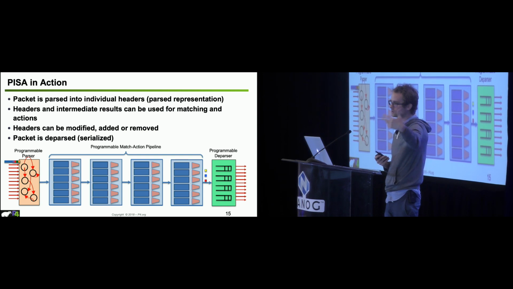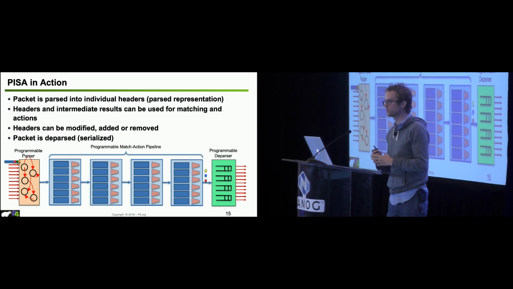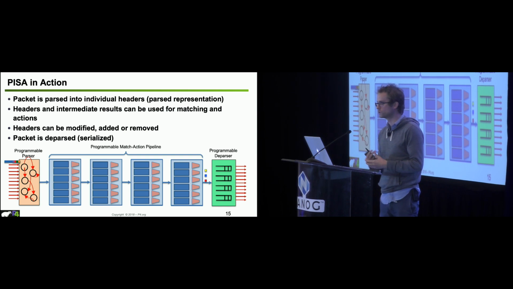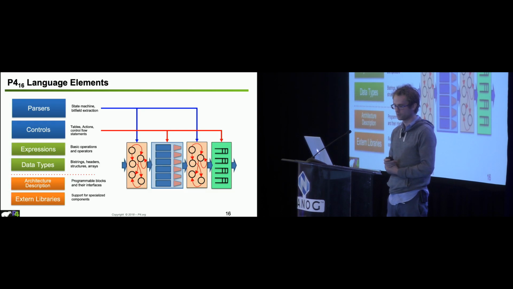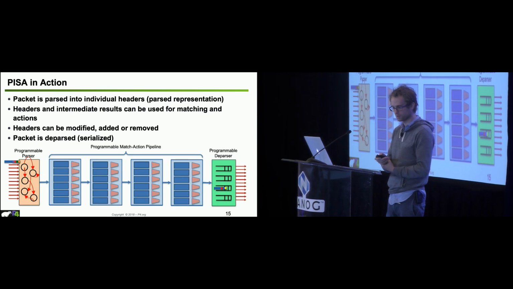From one match action table to the next, you can carry what we call metadata, which are extra fields not included in the packet, but which are useful for determining what to do next with your packet. And finally, the set of headers goes through the programmable deparser, and your packet is serialized again.